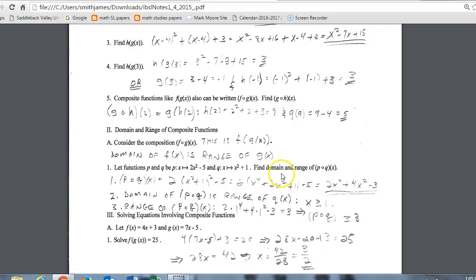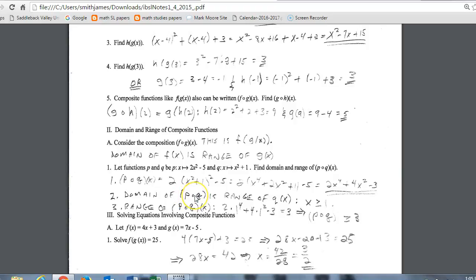So first thing they want to know is the domain. So remember where the domain of this composite function comes from. As I was talking about in this example right here, the range of the interior function became the domain of the exterior function. So that's the key to this right here.